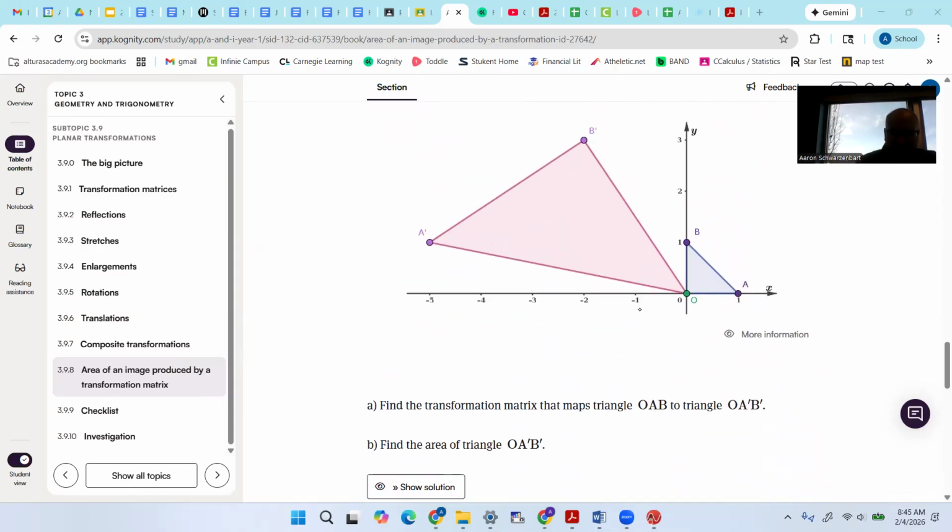So if we want to find the transformation matrix, we know that it's T times the original point matrix, which is 1, 0, 0, 1, 0, 0 equals, I started with A, so -5, 1, -2, 3, 0, 0.